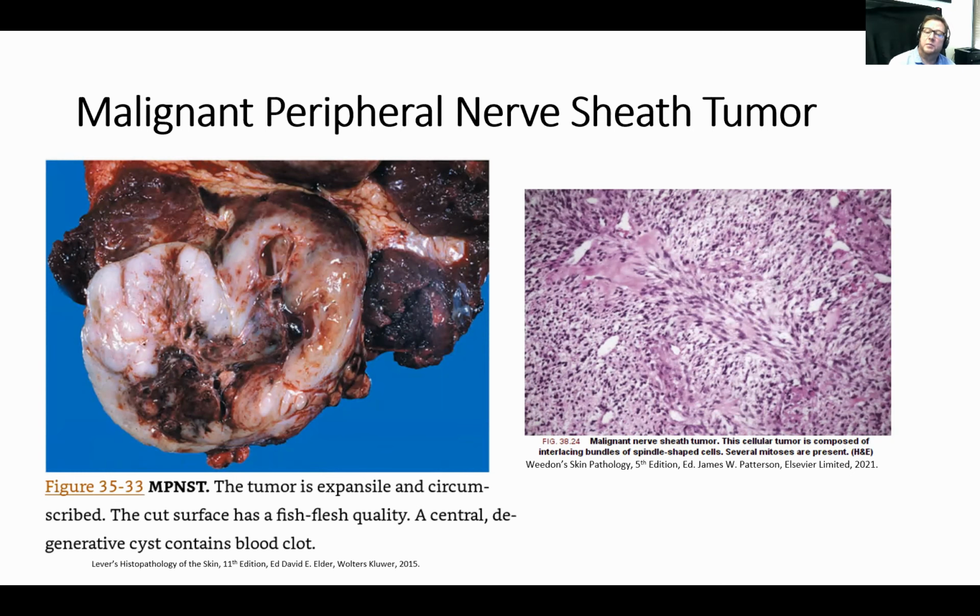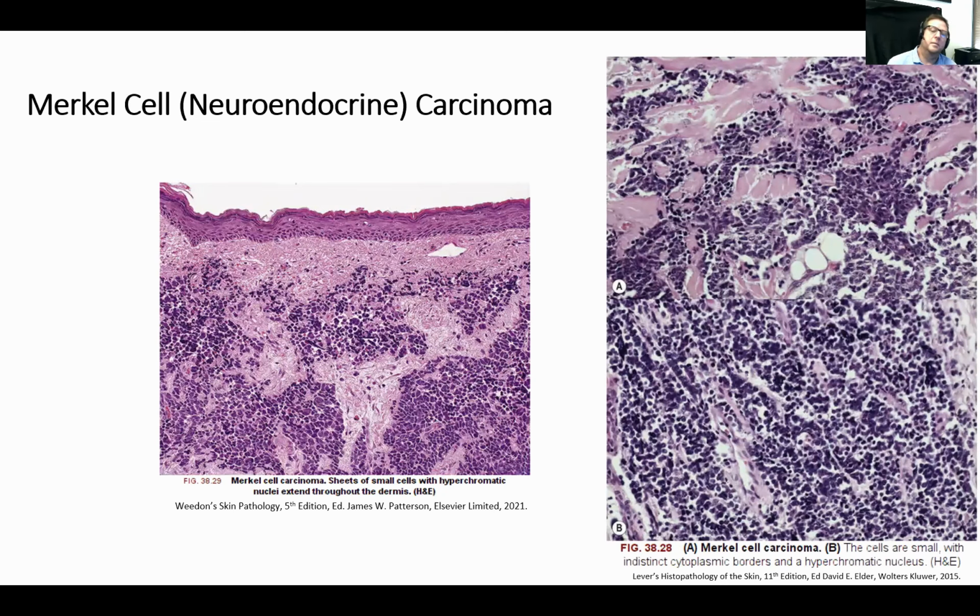There's once again, like with the other neural tumors, different types based upon the histologic features. That's mostly what I think you need to know about this. I find it very unlikely you'll ask too many questions on it, but just think of it as a malignant version of schwannoma. In fact, I think it might have been called that in the past, or malignant neuroma schwannoma.